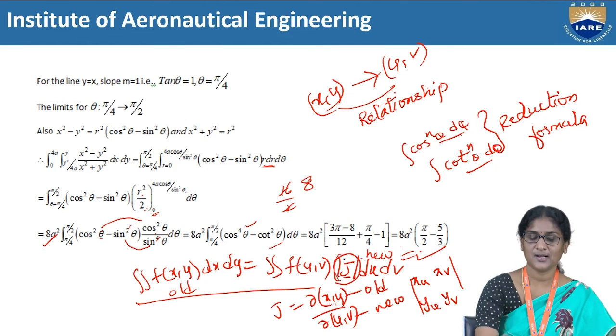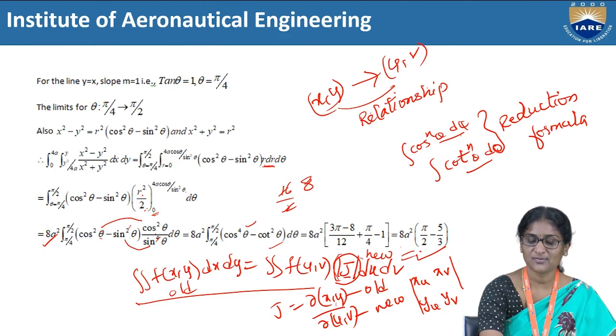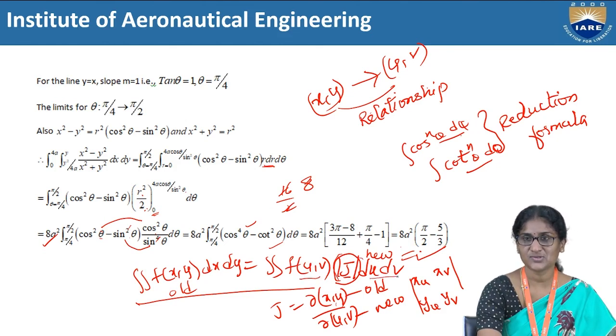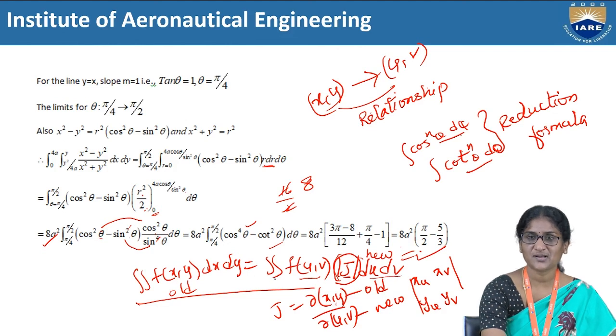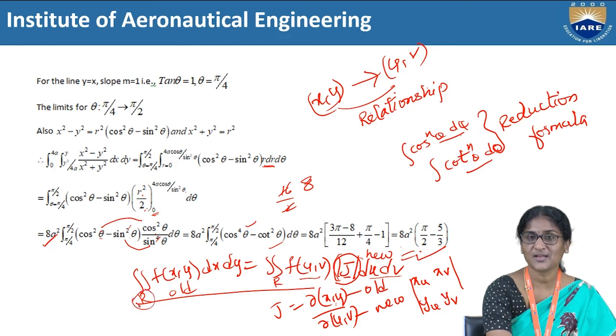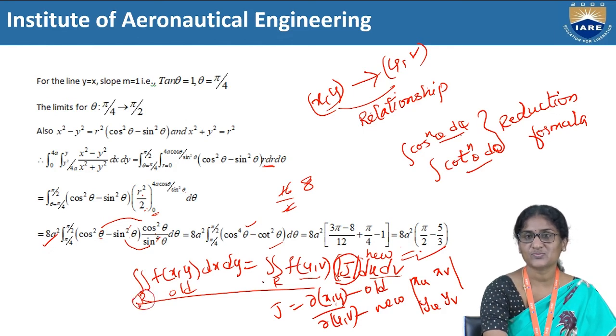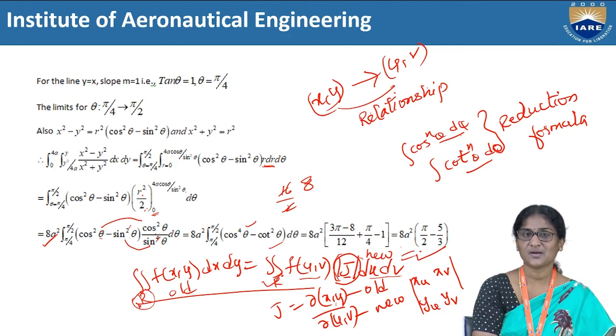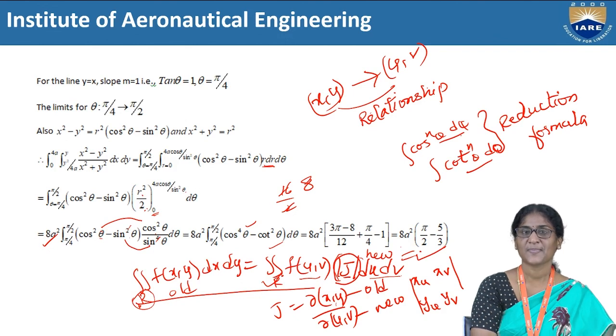Using the relationship, you can find the new function, dx dy is conveniently reduced to du dv, and the limits of integration should be given by the limits of the new system. Drawing this in a pictorial way, you can work out what the limits are. This is how double integrals can be done by using change of variables. I hope it's very clear.